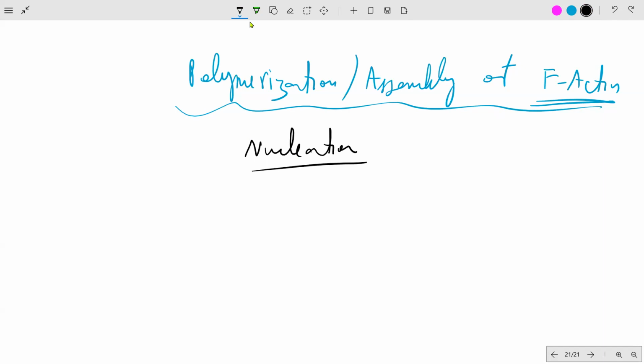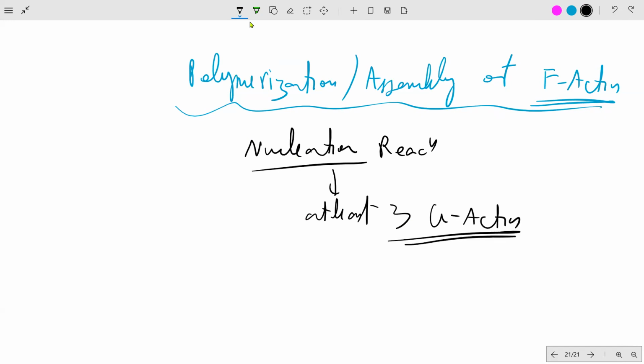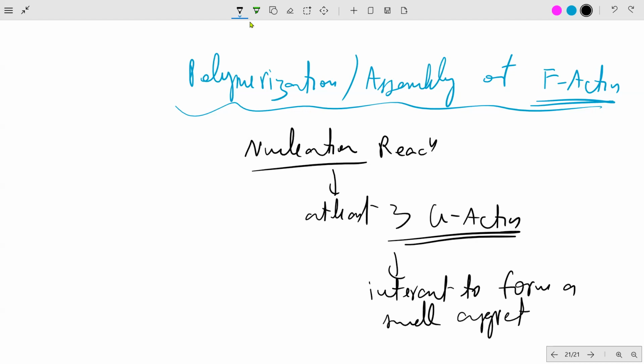During nucleation, at least 3 actin monomers, at least 3 G actin proteins, have to come and interact. They will interact to form a small aggregate. Is this clear? So this is the nucleation reaction.